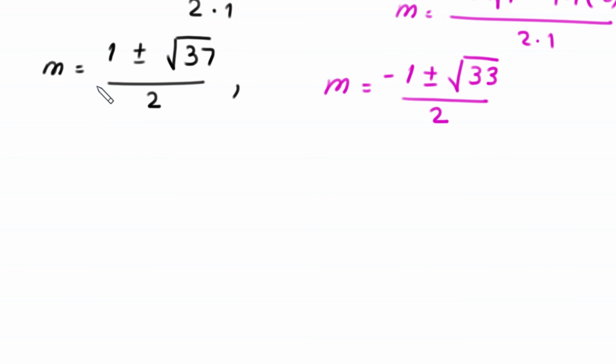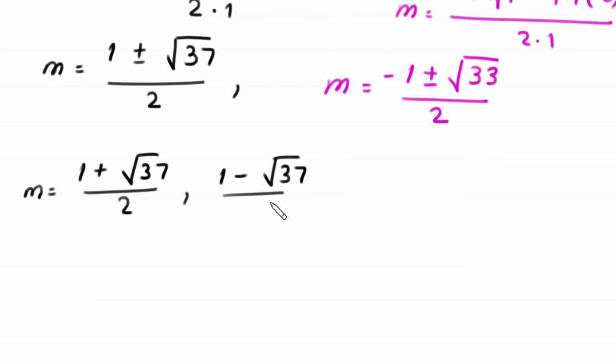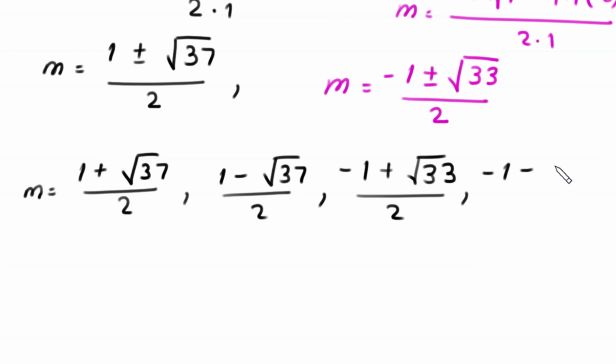It means that from these equations we get four solutions: m is equal to 1 plus root 37 over 2 and 1 minus root 37 over 2, and negative 1 plus root 33 divided by 2 and negative 1 minus root 33 divided by 2.